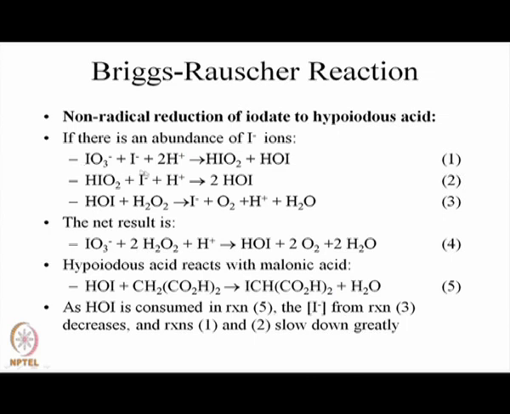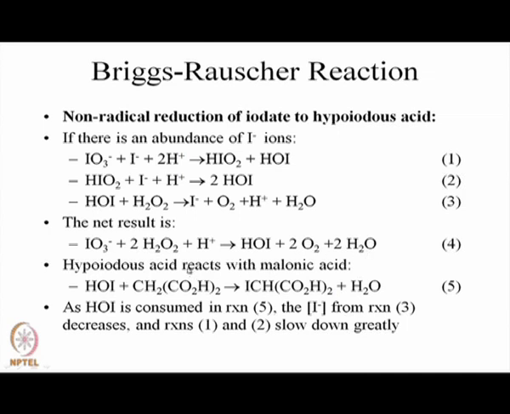There are 3 steps: IO3- plus I- plus an acid, giving rise to HIO2 plus HOI; then HIO2 plus I- plus H+, giving rise to hypoiodous acid; then HOI plus H2O2, giving rise to I- plus O2 plus H+ and water. So the net reaction is iodate plus H2O2 plus H+, giving rise to HOI plus 2O2 plus 2H2O.